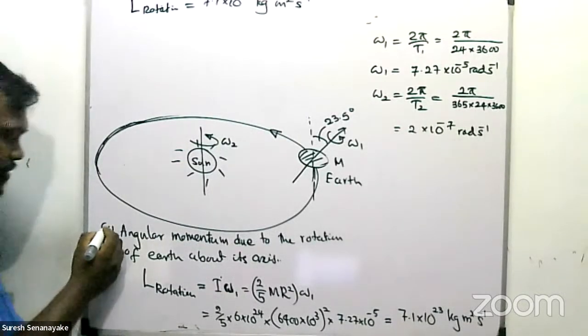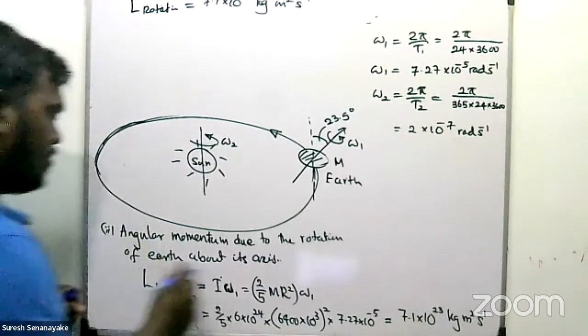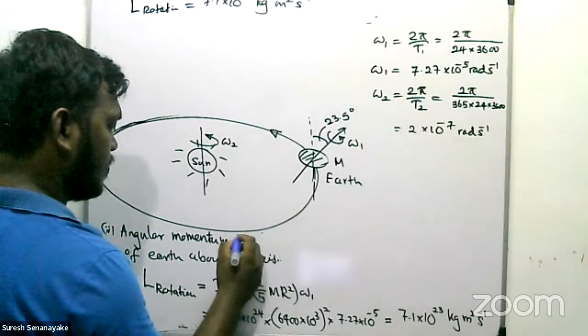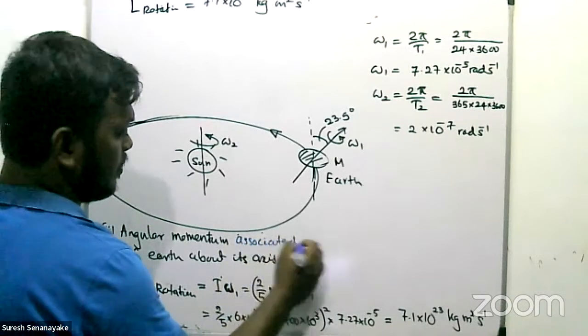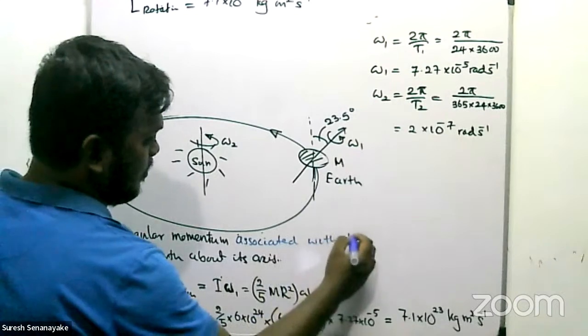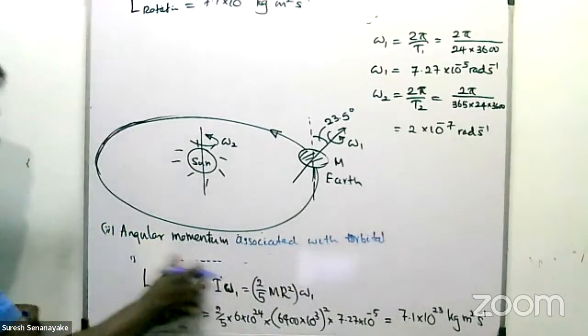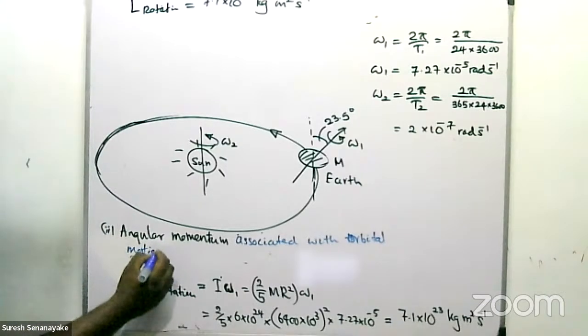Okay, then the second part: the angular momentum associated with the orbital motion of the Earth about the Sun.